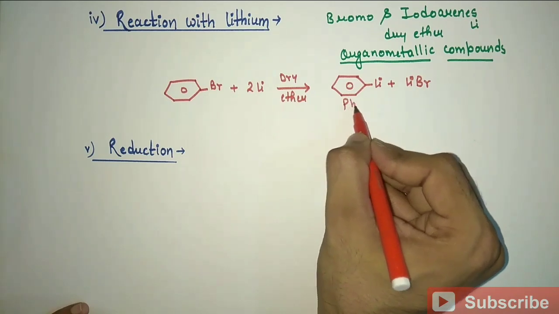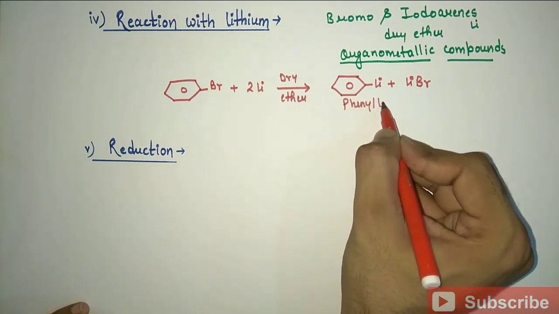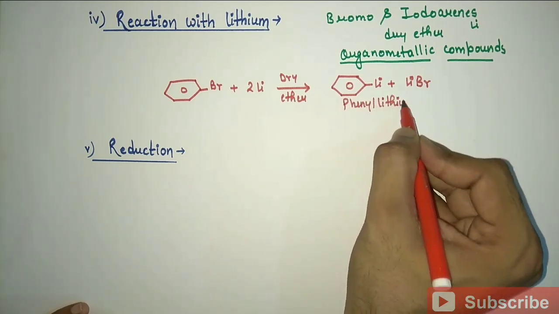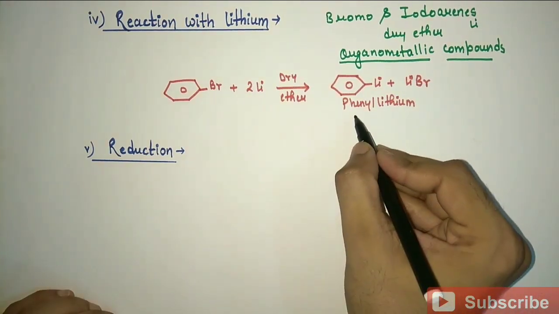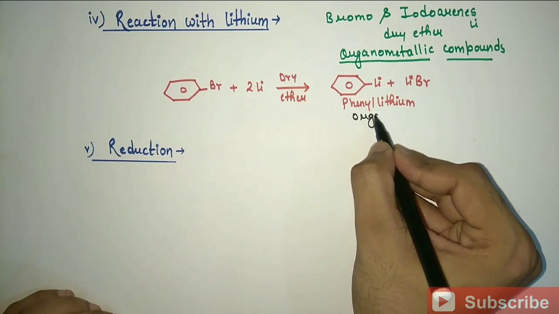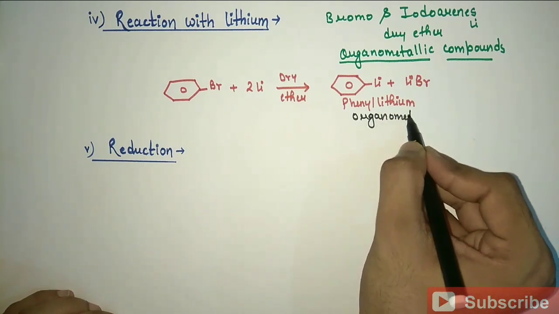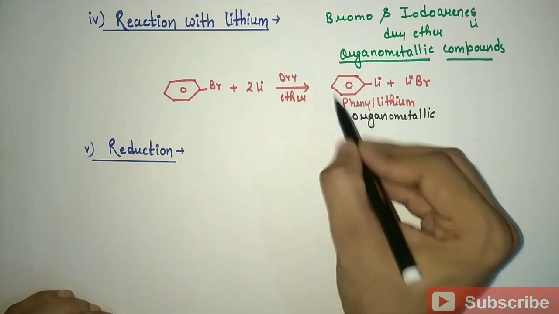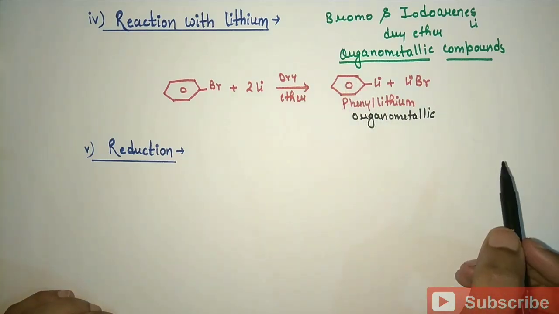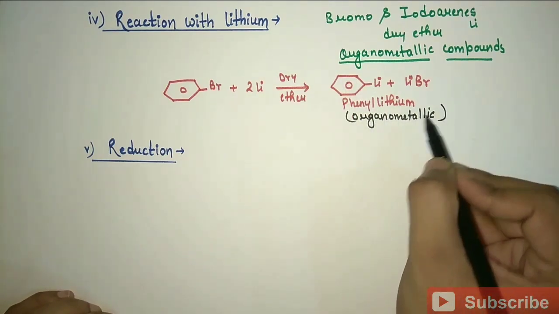This is phenyl lithium. So this is organometallic. That is, the metal is directly linked to the carbon atom, which is part of the organic group. This is known as organometallic compounds.